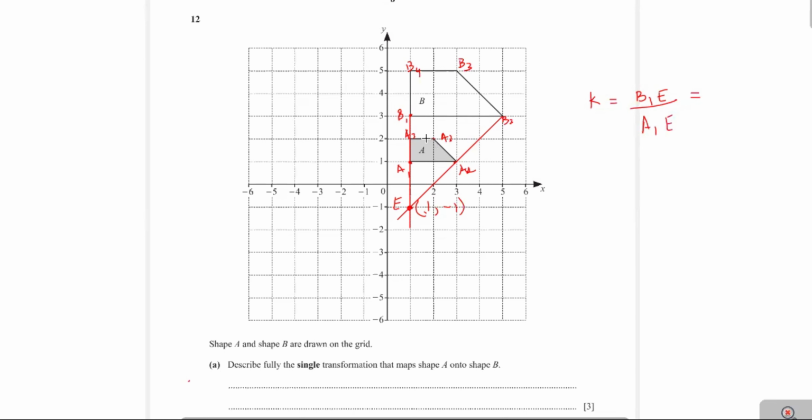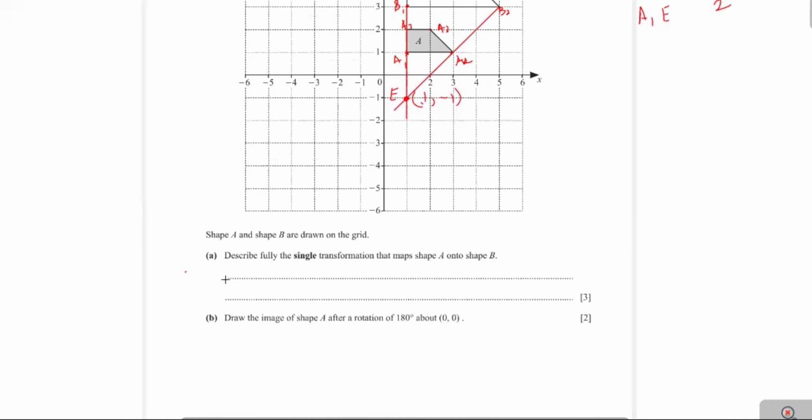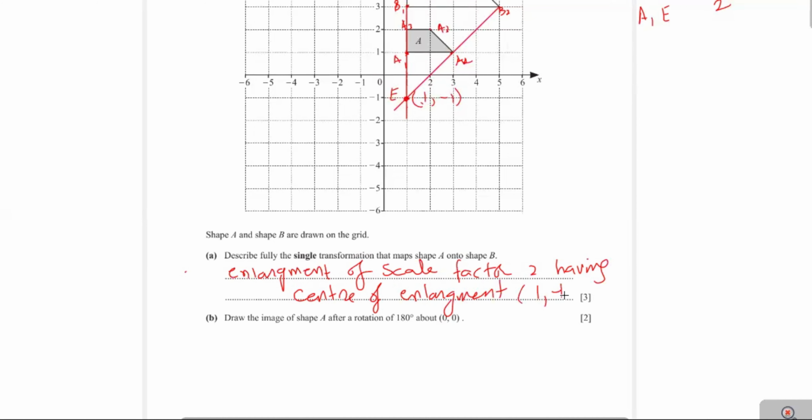You see here, the length of EB1 will be 4 units, and the distance A1E is 2 units. Therefore, the scale factor is 2. Therefore, we write here: the transformation is an enlargement of scale factor 2 having center of enlargement (1, -1). This is the answer.